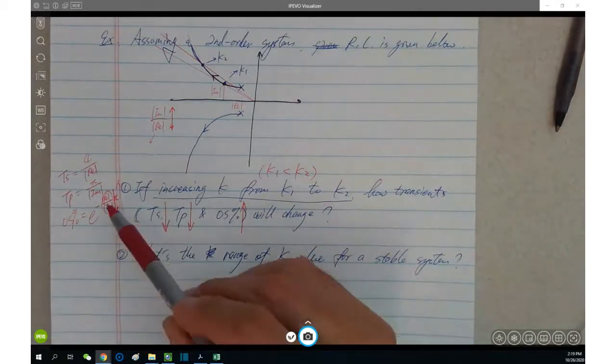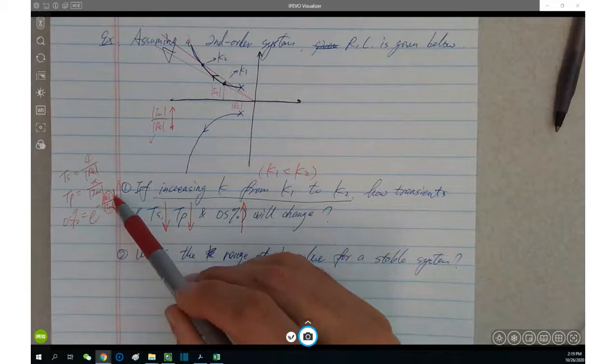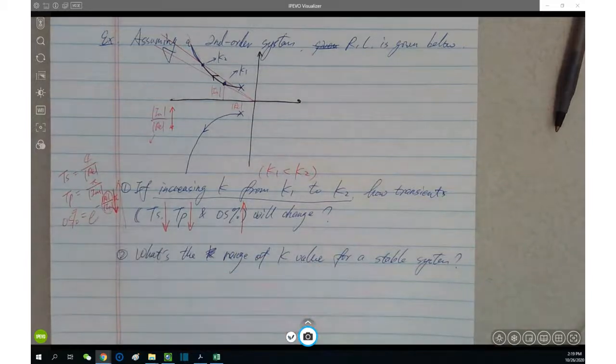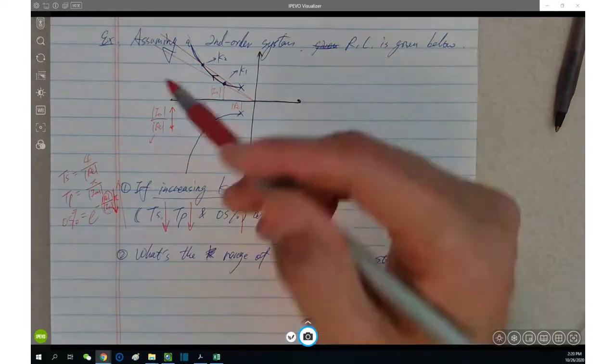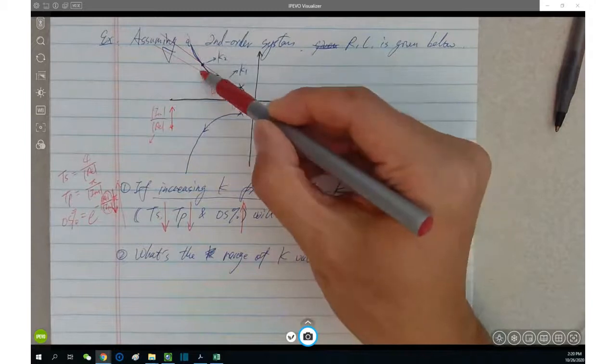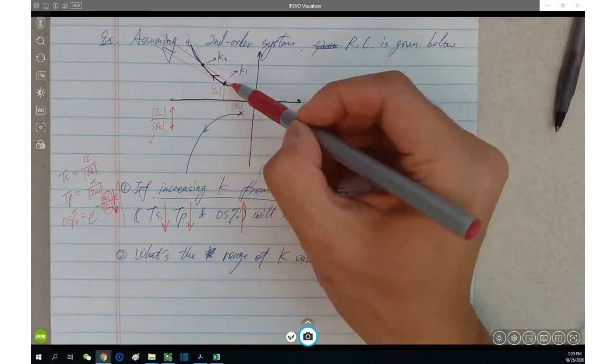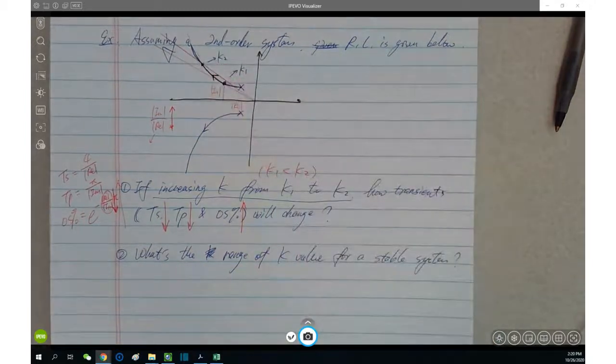So the index here is decreasing, and the entire exponential function is increasing. Does it make sense? Because from here you can also tell this. So from this slope to this slope, the slope is increasing.